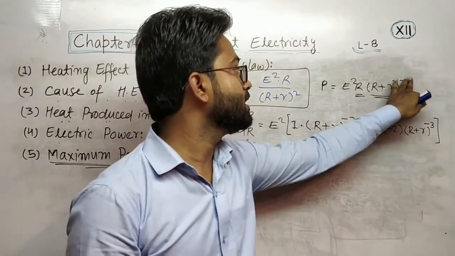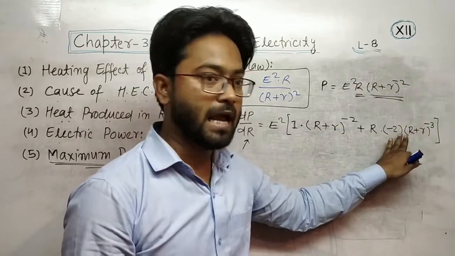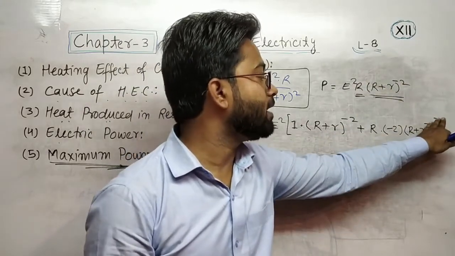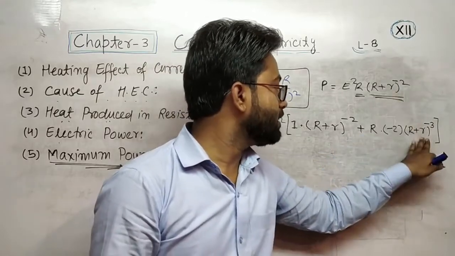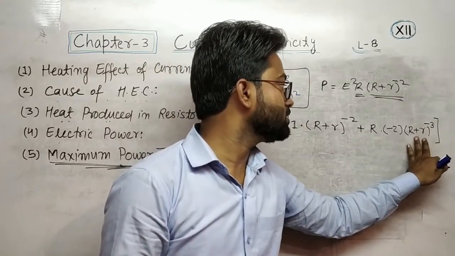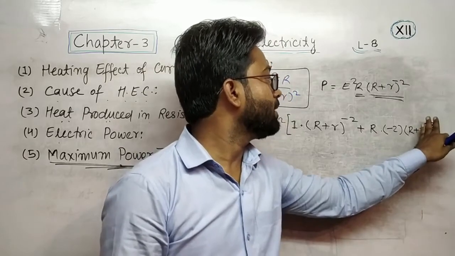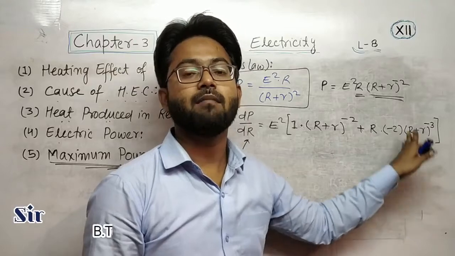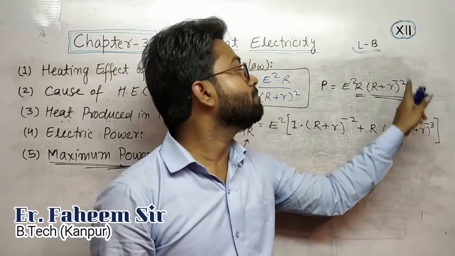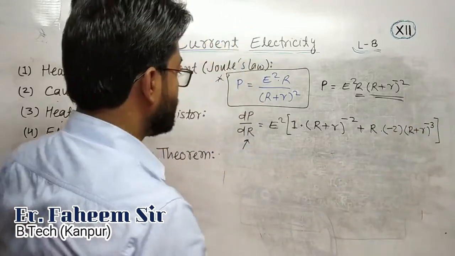Differentiation of x to the power n is n times x to the power n minus 1, so minus 2 minus 1, that is minus 3.